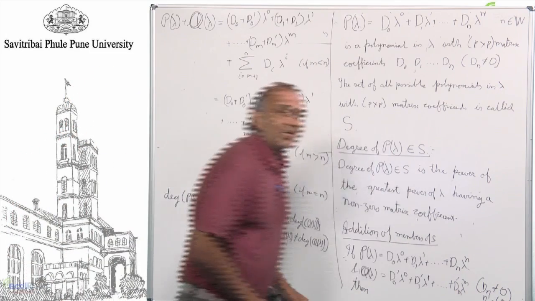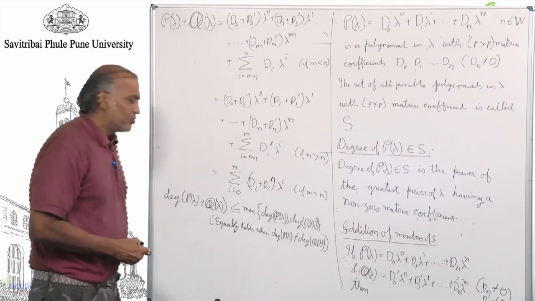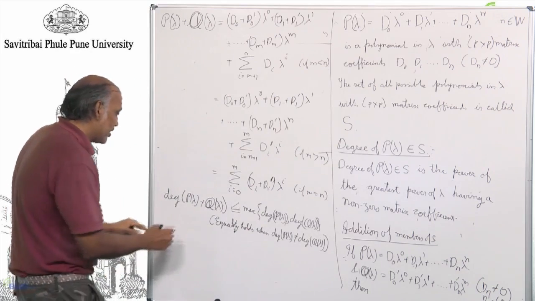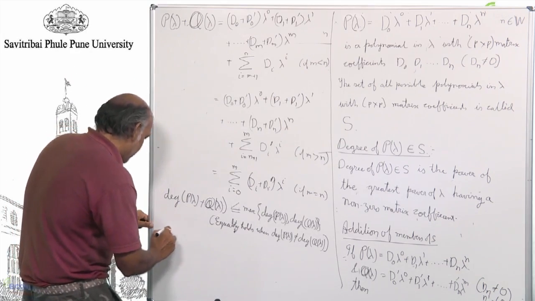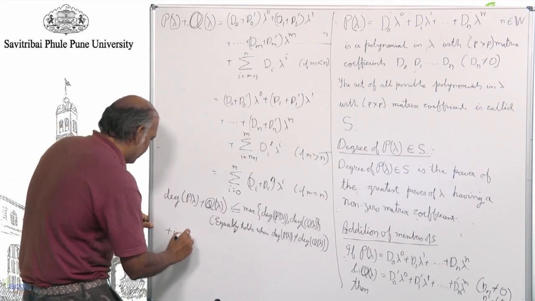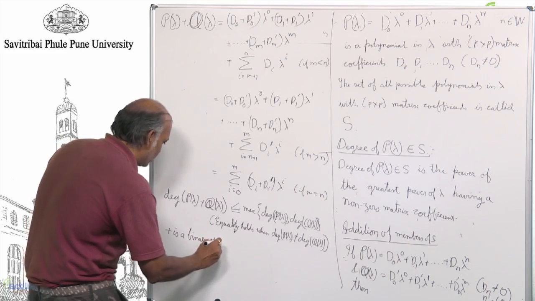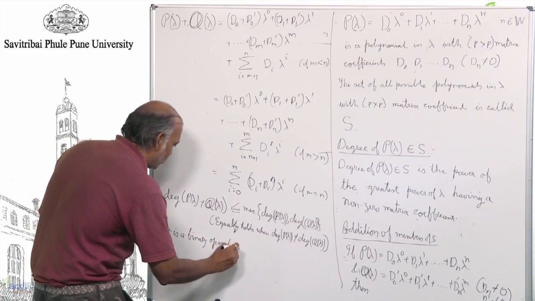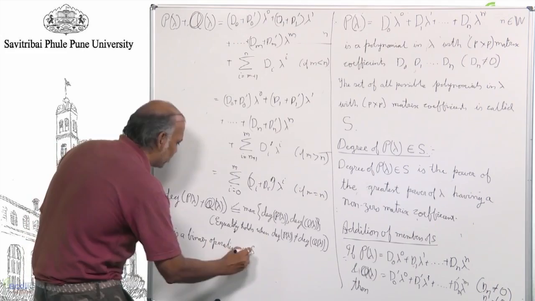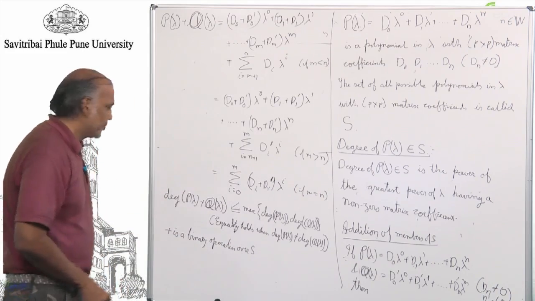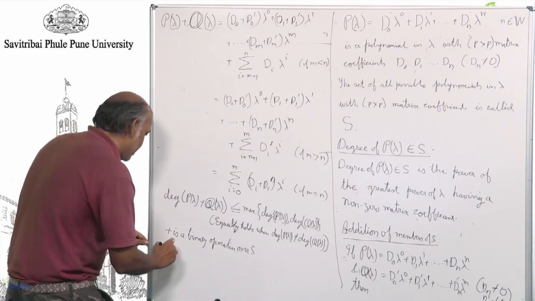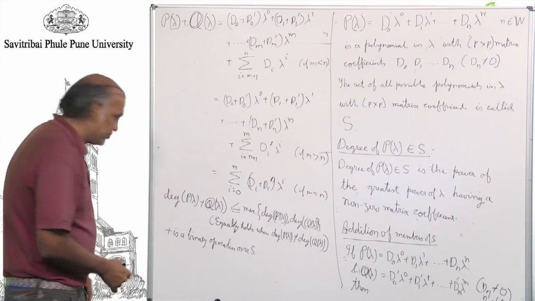Those who have done a little bit of abstract algebra would be able to follow what I am saying. Plus is a binary operation over S. It's a function from S cross S to S. It is associative.